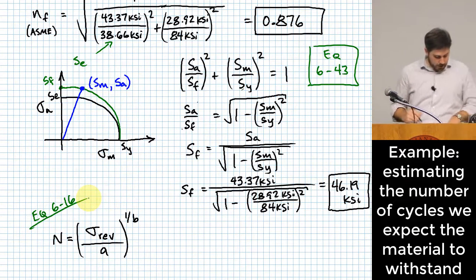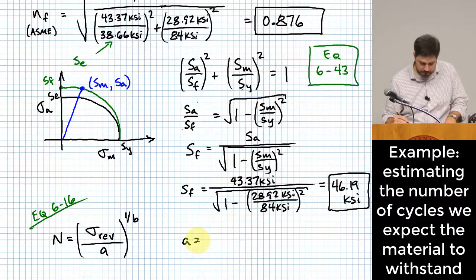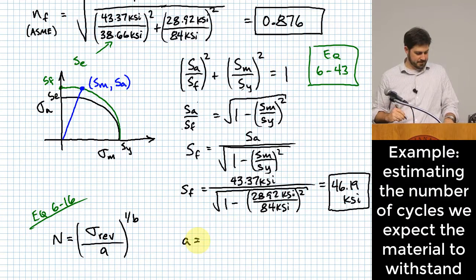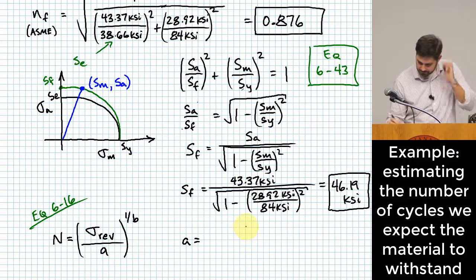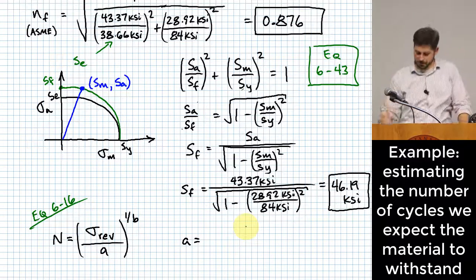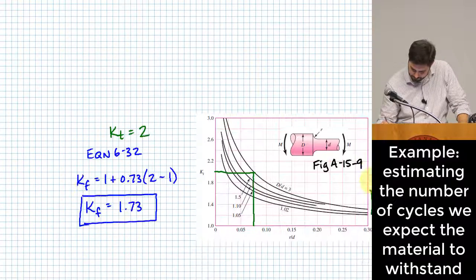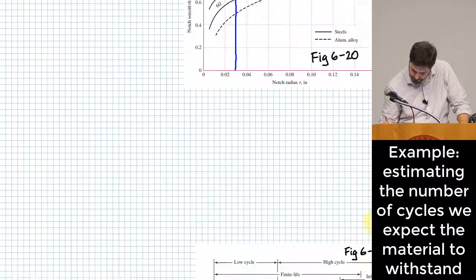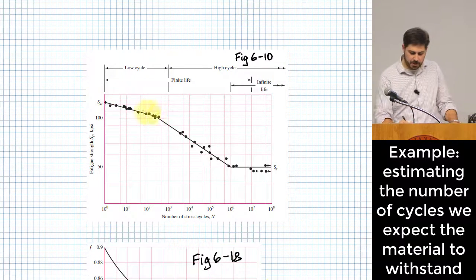Well, A and B are shown right above it. A is going to be equal to F. What is F? Remember, F is the fraction of your ultimate strength where the curve that tells you the number of cycles breaks over, right there.